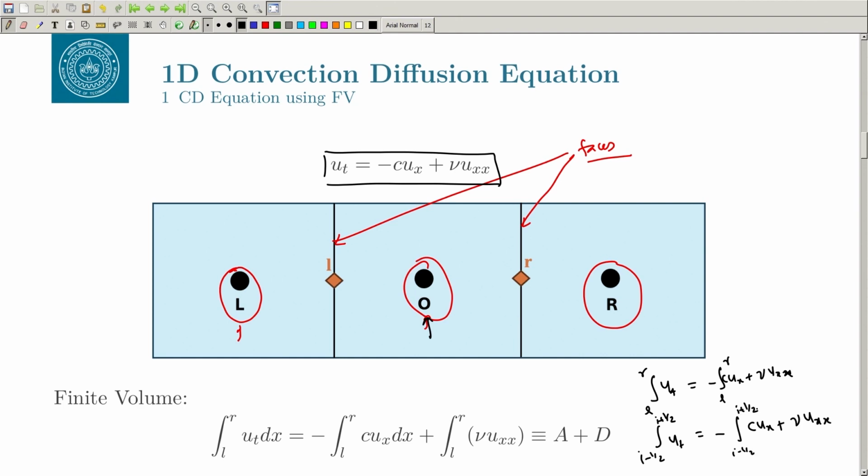Now, in 1D I minus half and I plus half is very convenient, but when you go to 2D or 3D, what will be convenient is the left and right. Let us say you have a 2D flow and your grid is something like this.